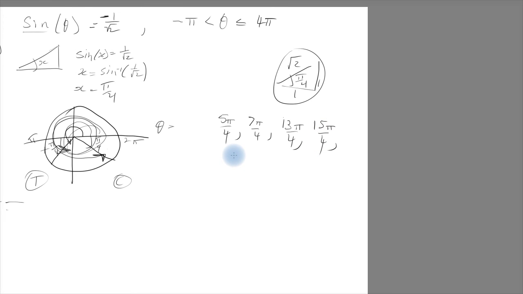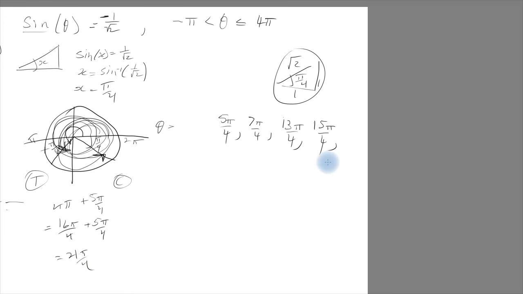Then the next one is if we did two full laps and then back to here. So we've done 4 pi plus the first one. That is the same thing as 16 pi on 4 plus 5 pi on 4, which is of course 21 pi on 4.